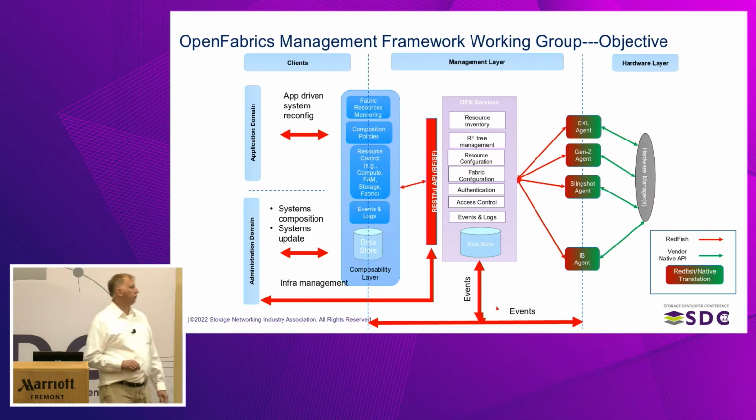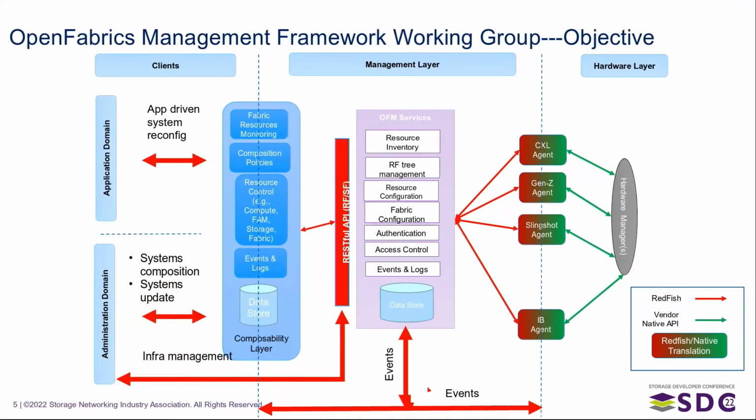This is a new version of our framework. On the left side, you'll see clients, and those clients can be things like containers, which is one application that we're looking at in Sandia. You can have container engines talk to a management layer through an API. You'll see we have composability layers, and then we've got the management layer, which is the OFMF.